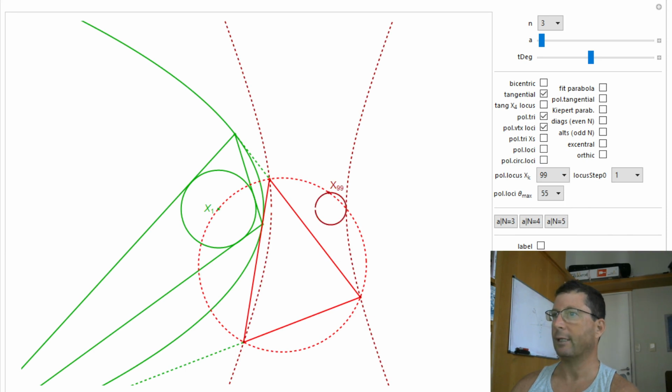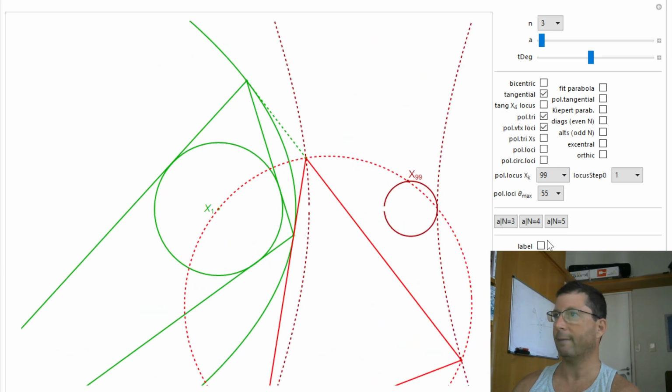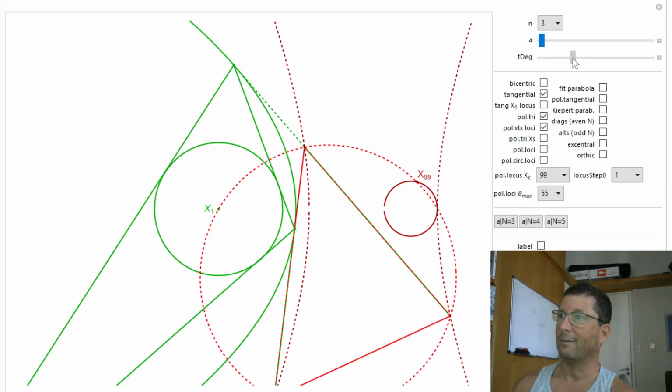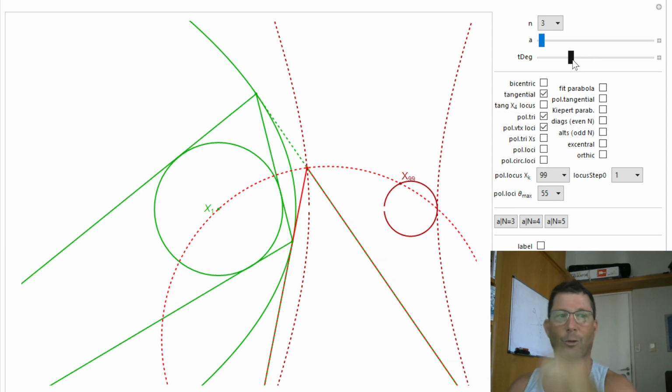So here's X99. The locus of X99 was the first one that caught my eye. Recall that X99 is known as the Steiner point. It's the intersection of the circumcircle of a reference triangle with its Steiner ellipse. This is not germane, but what is germane is that this very interesting point is describing a circle.